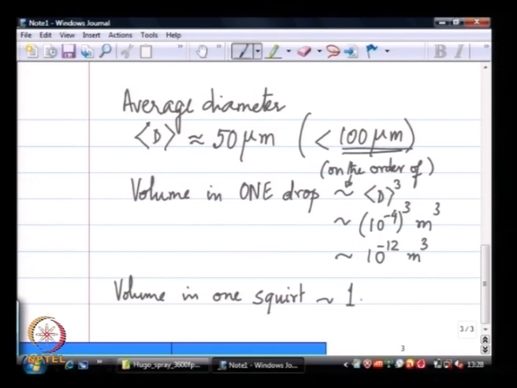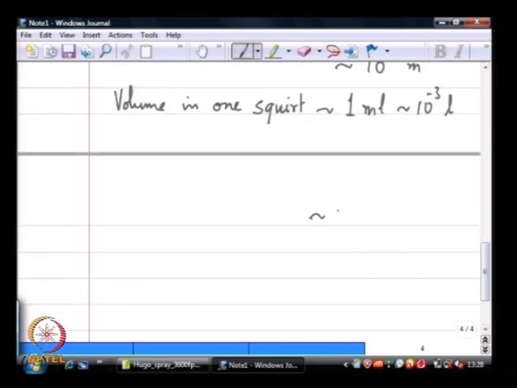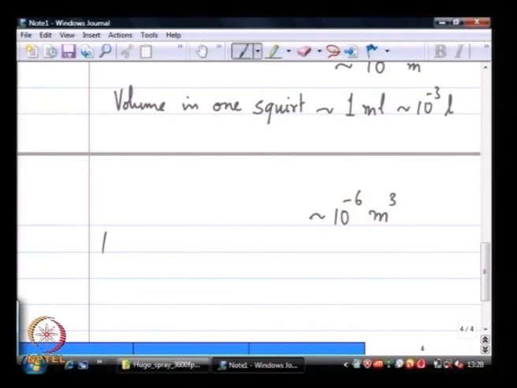So, it is on the order of 1 ml, which is 10 power minus 3 liters, and 1000 liters make a meter cubed. So, this is 10 power minus 6 meter cubed. Okay. So, how many drops have I produced?